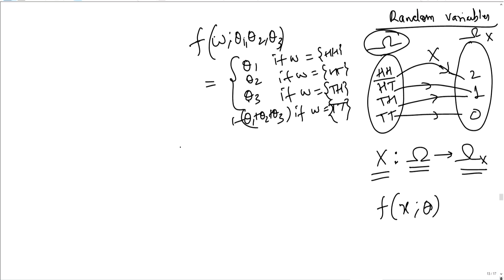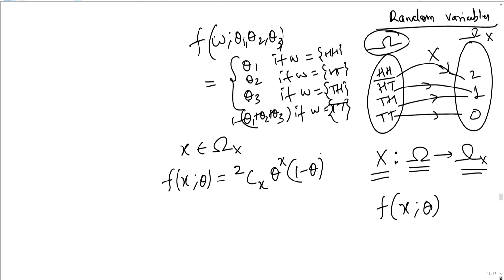Why? So, let us say x belongs to omega x, basically any element in omega x. We can now define the probability assigner function in this way: f of x, theta equals 2 choose x, theta to the power x, times 1 minus theta to the power 2 minus x.